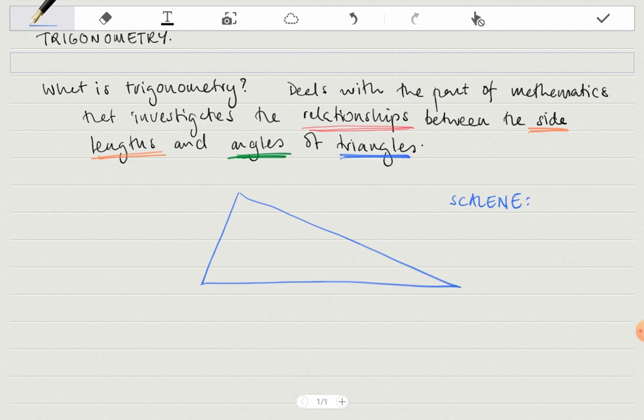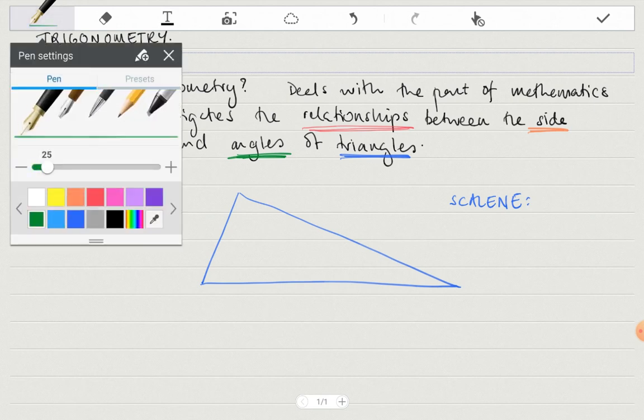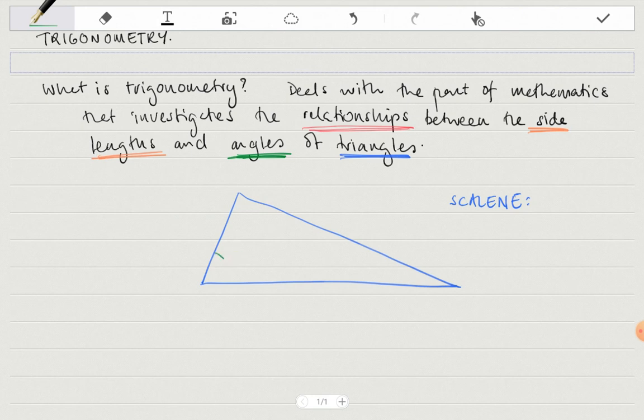These little arrowheads are the angles in here. We know in terms of our maths that all of the angles need to add up to 180 degrees.